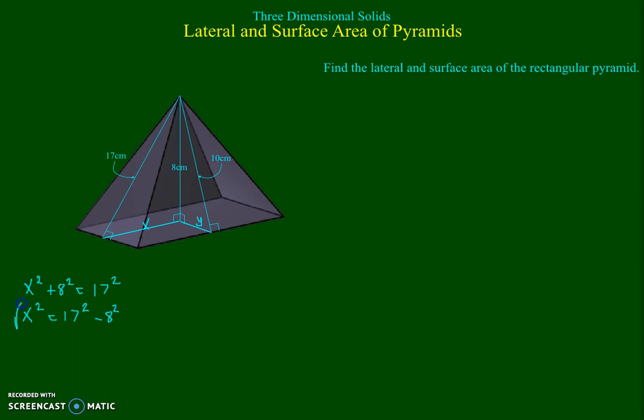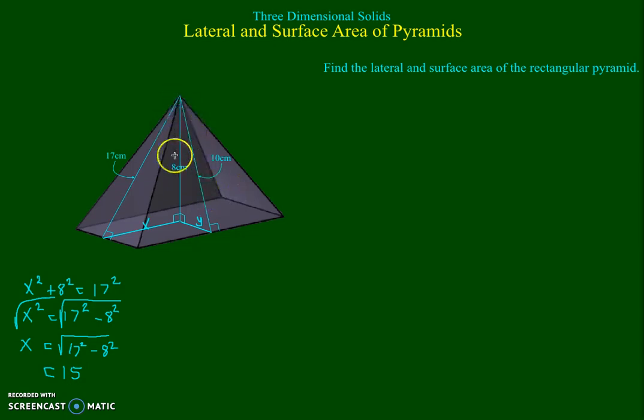Take the square root of both sides. So X is equal to the square root of 17 squared minus 8 squared. That equals 15, as we already said.